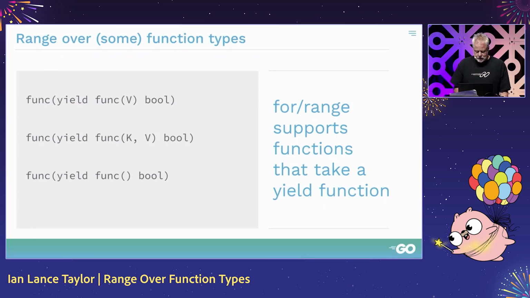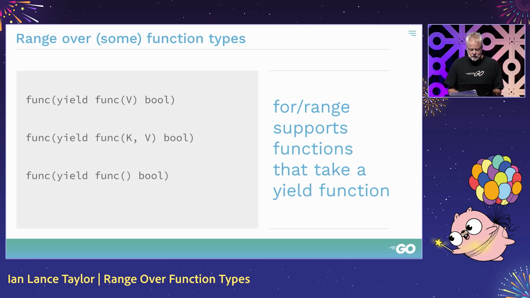The for range statement isn't going to support any arbitrary function type. It's going to support ranging over functions that take a single argument. The single argument must itself be a function that takes 0 to 2 arguments and returns a bool. By convention, we call that the yield function. When we speak of an iterator in Go, we mean a function with one of these three types.